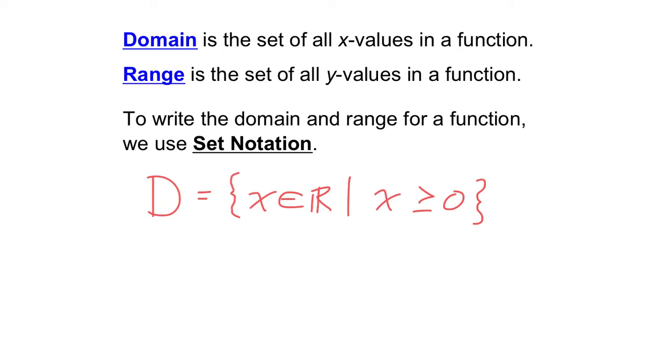So the domain is equal to the set of all real numbers x, where x is an element of the real numbers such that x is greater than or equal to 0. That's how we would read this. Basically, the domain of the function is any number 0 or higher.